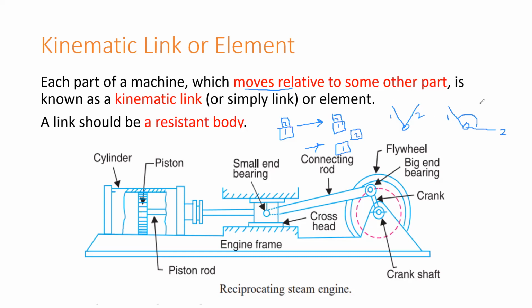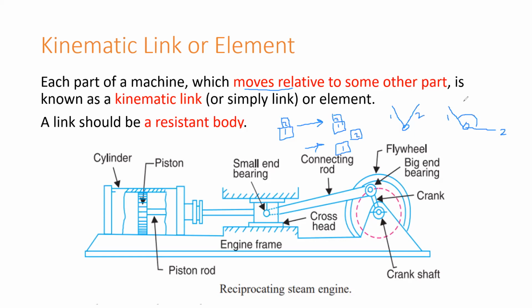The angle has increased. So you can say that 1 and 2 are two different parts, two separate links. They are not a single link. Here the relative motion is angular movement.